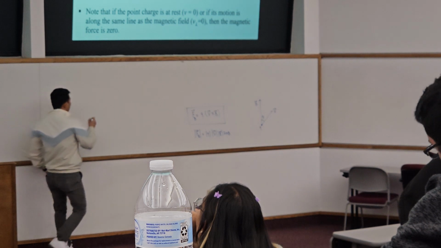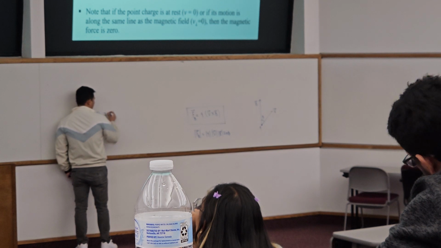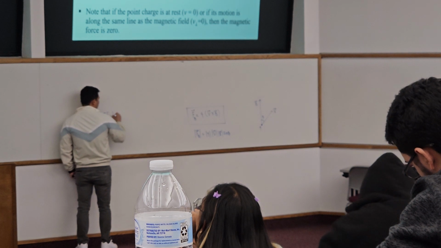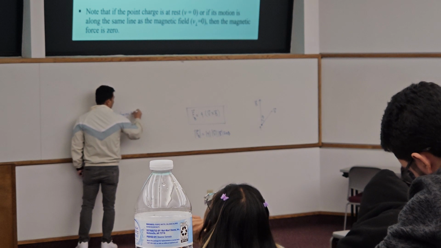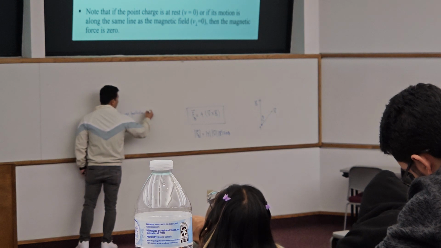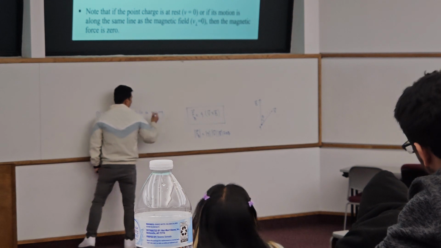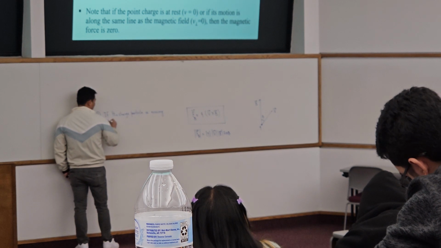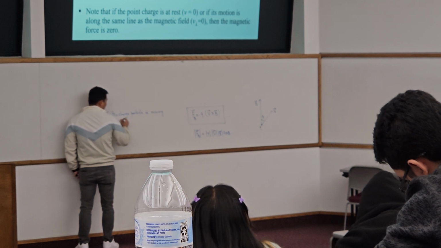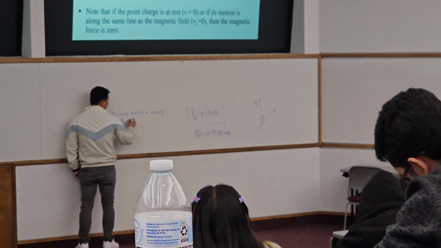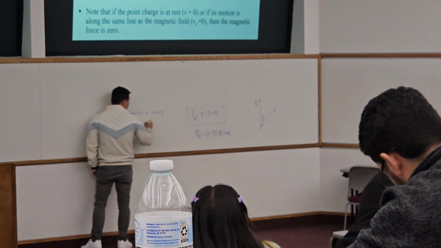So let's take a look at this one. If the charged particle is moving along the B direction, the magnetic field direction, what is the magnetic force?